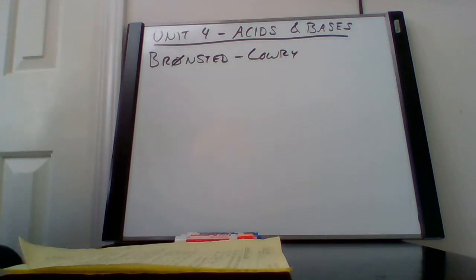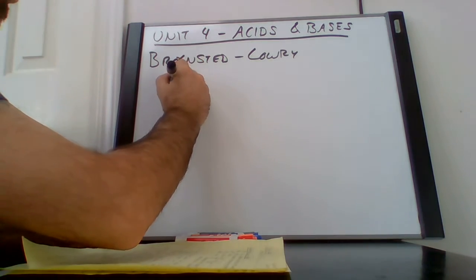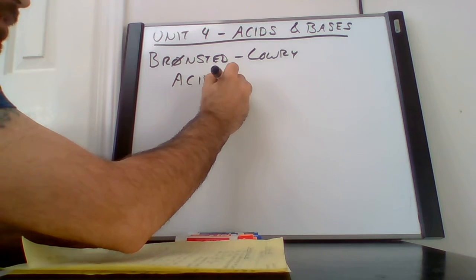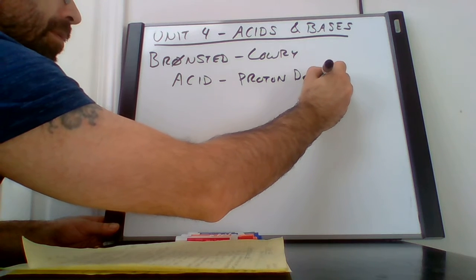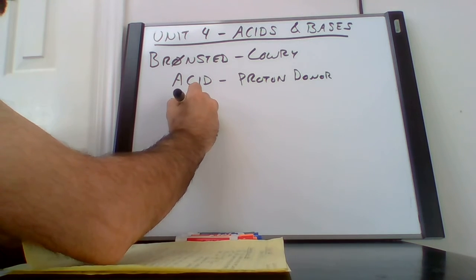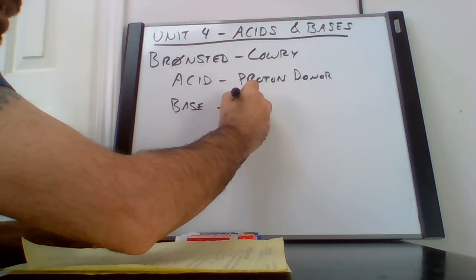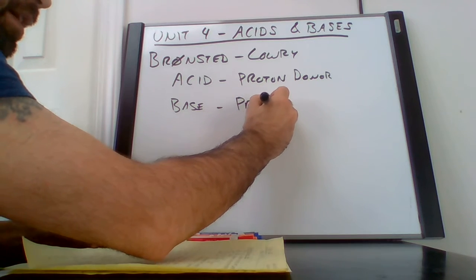Okay, so the Bronsted-Lowry theory is a little bit different in terms of what we're looking at for what acids and bases are. So in Bronsted-Lowry, an acid is a proton donor, okay, and a base is that proton acceptor.